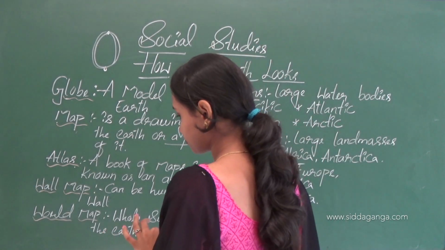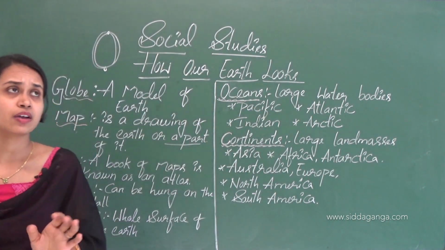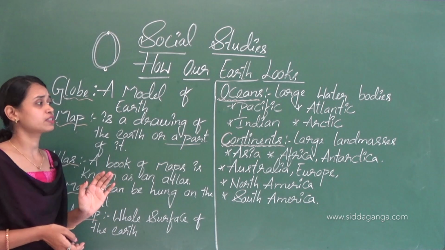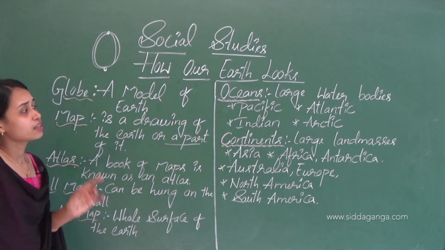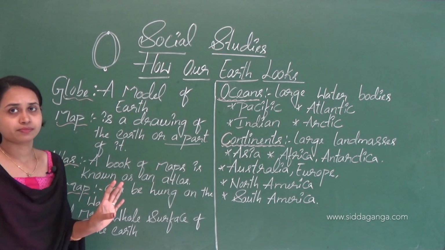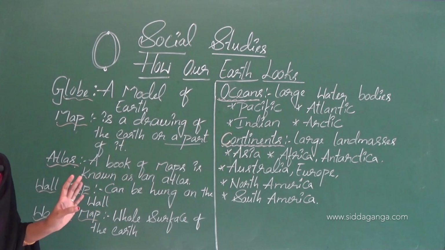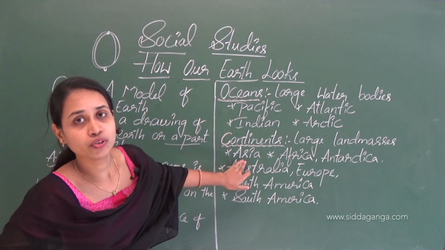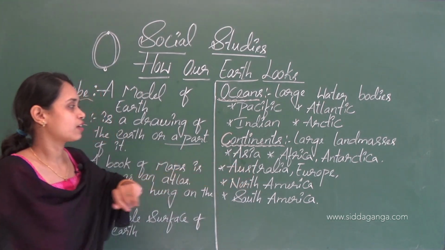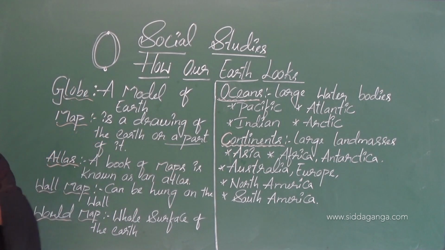On the surface of the earth there are 7 continents. The first one is Asia. Asia is our continent.